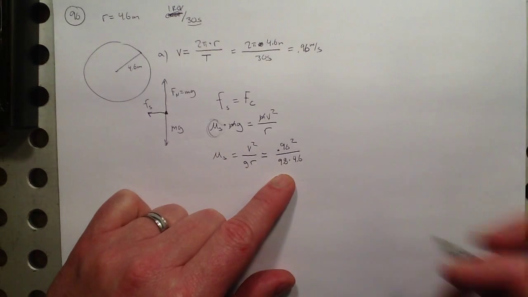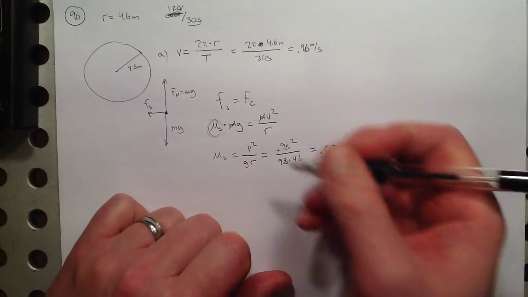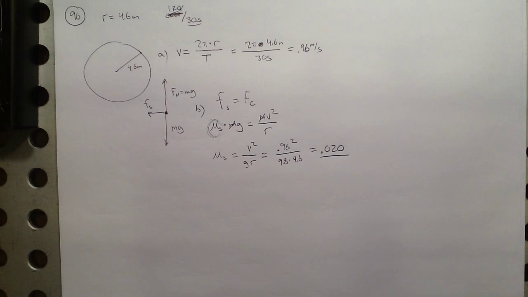0.020. Now let's reflect on that for a second. You might be looking at that number and thinking, that's awfully low for a static coefficient. But this merry-go-round is not going very fast. And the question was, what would the minimum coefficient of static friction need to be? So we could come away from this problem saying, under these conditions, this picnic basket is quite safe, right?